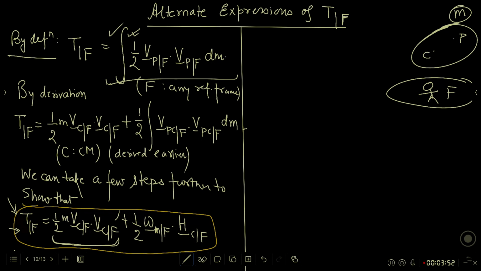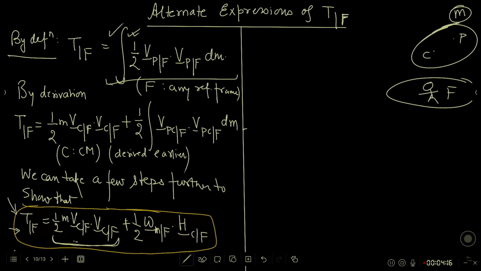We have another expression, which is half times the dot product of omega MF and HCF. Omega MF is the angular velocity of the body.